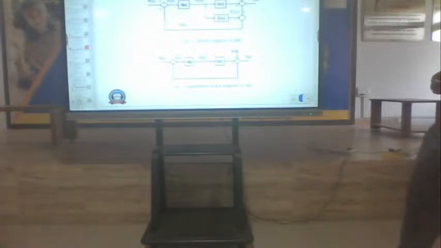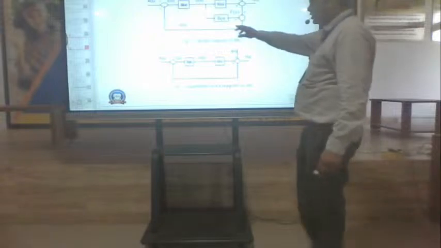Here you can see this is called the internal model controller. This is a controller that was proposed some 20 to 30 years back. What it does is take the model of the system without any unstable parameters.